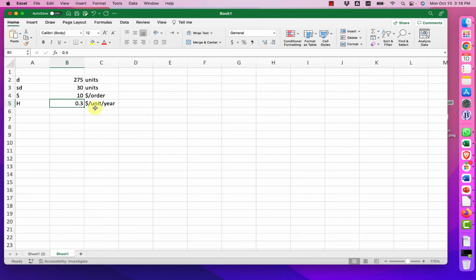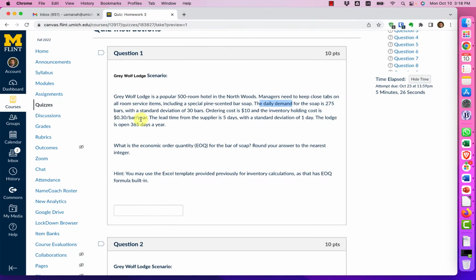So always check the units. We are given dollars per soap bar per year, or dollar per unit of product per year. So that's capital H. The holding cost is not a percentage, so you don't multiply it by anything. This is the holding cost. If it's given as a percentage or a ratio, like 30% or $0.3 per dollar per year, then you have to multiply it by the value of the item.